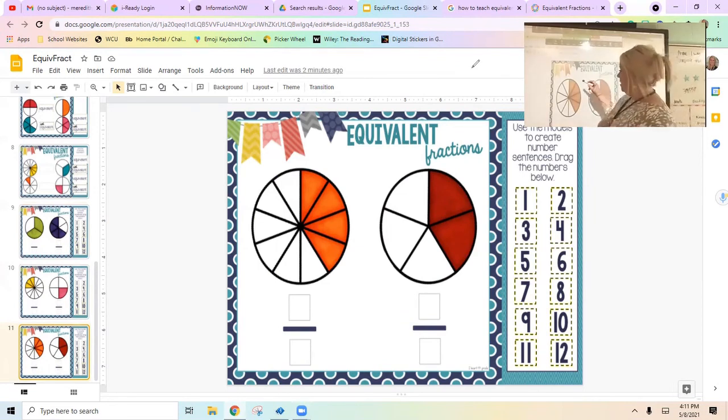So this one, in the orange section, I have 4 pieces out of 10 pieces.